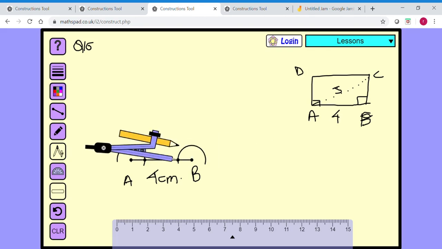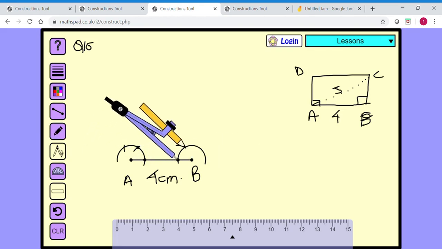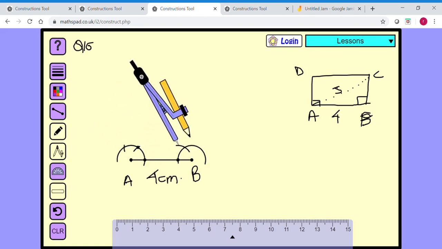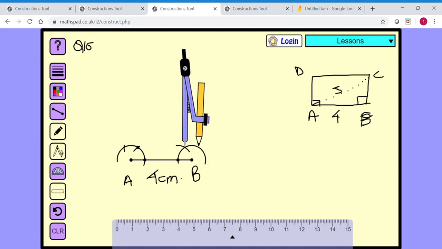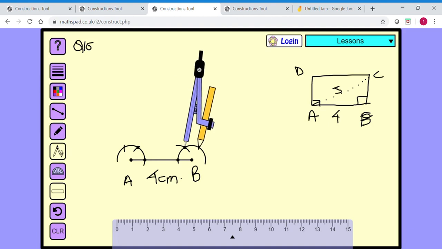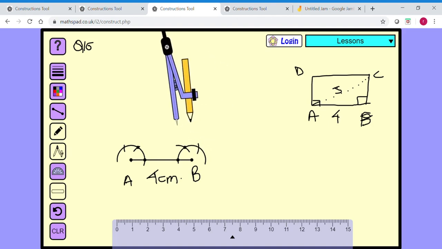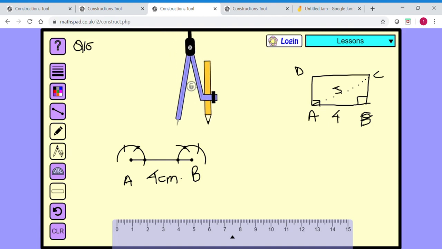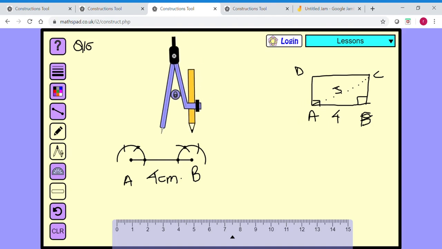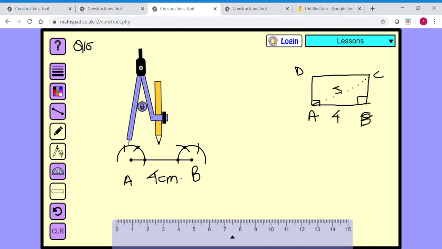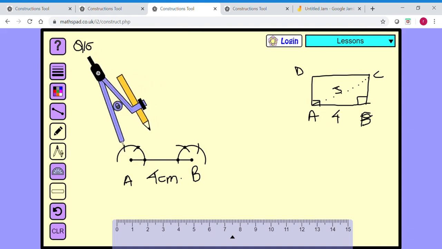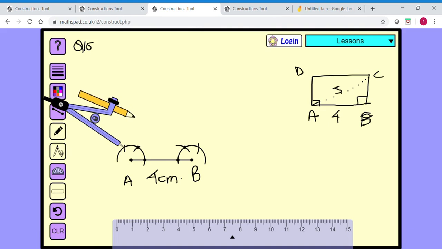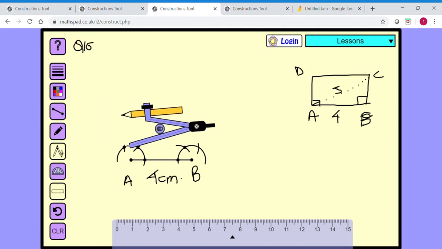Perfect. Then I keep it at the 60-degree arc and I make the 120-degree arc. Done. I increase the span slightly and keep it at the 120-degree point from A, and I mark my 90-degree arc somewhere here.